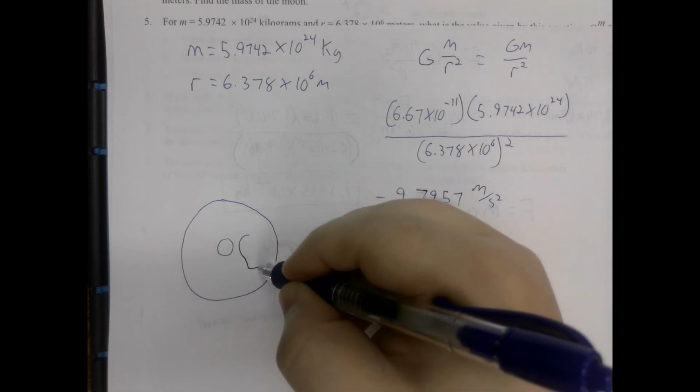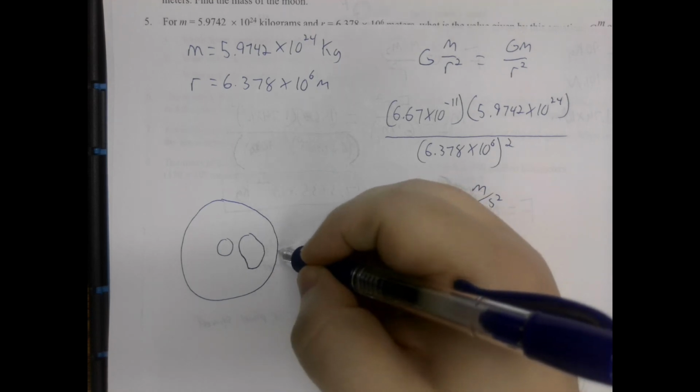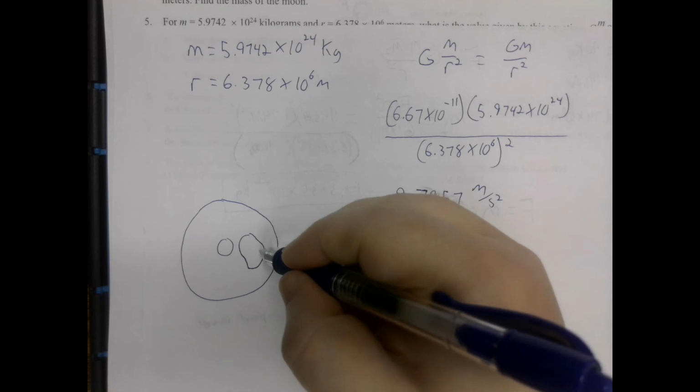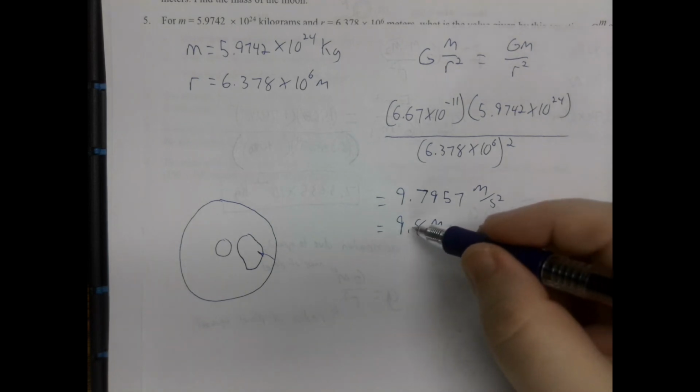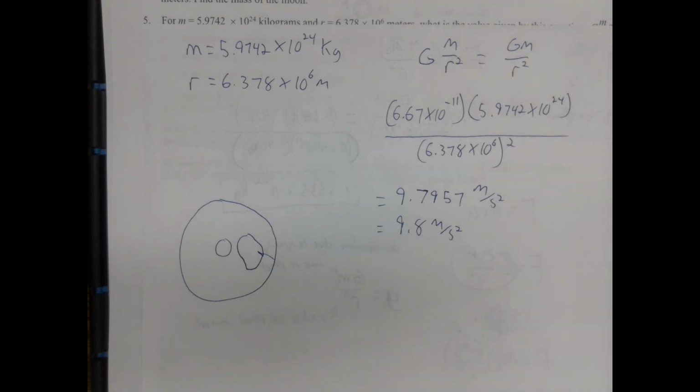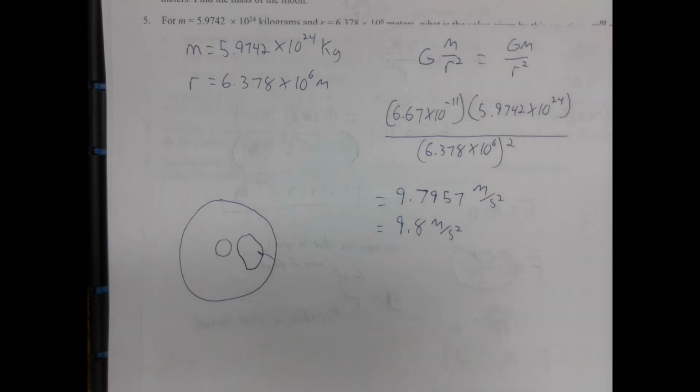So you can have a lot of iron right here, and if you're standing under it, it'll pull down more on you. You're closer to a bigger mass. We get values that range between 9.8 and 9.81. We can get values less than 9.8, closer to the true theoretical value.